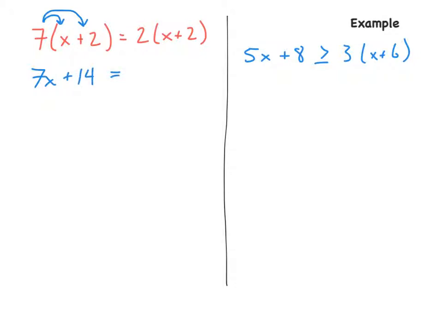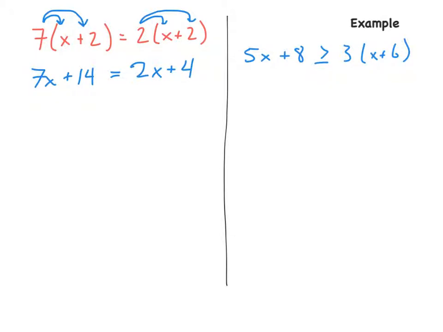Now the right side of the equation, we have 2 times the quantity of x plus 2, again the distributive property. So 2 times x is 2x, 2 times 2 is 4. Now we have 7x plus 14 is equal to 2x plus 4.